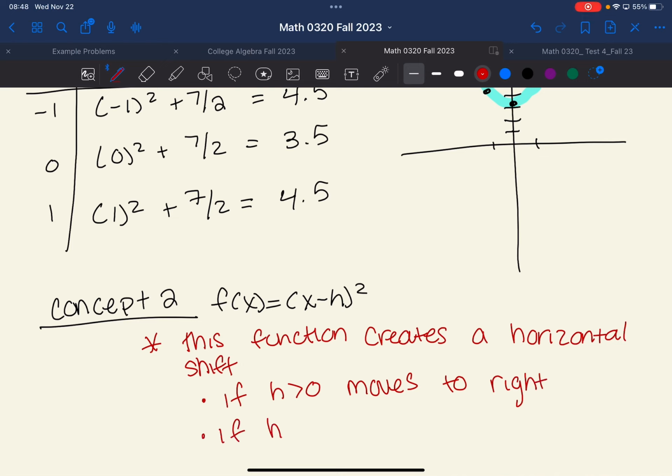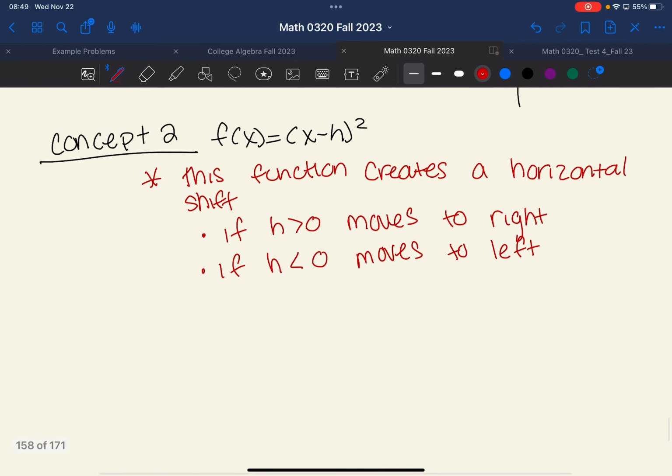If our h value is negative, or h is less than 0, then our graph is going to move to the left. And that's all that box is saying on the notes.